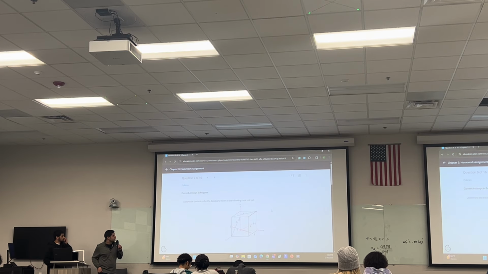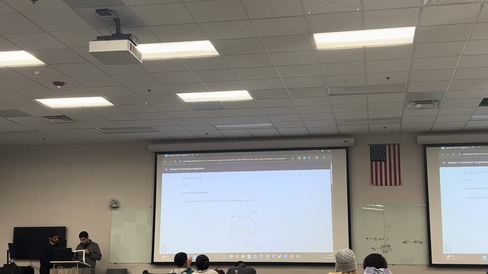So it's asking to determine indices for the direction shown in the following case. So it's about direction. It's almost the same as the point, but it's about the direction of point coordinates.